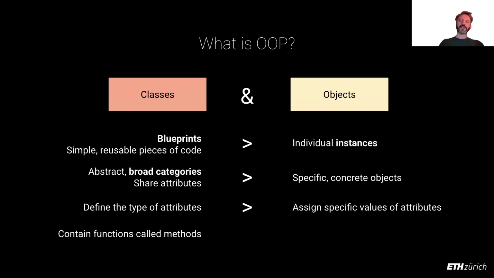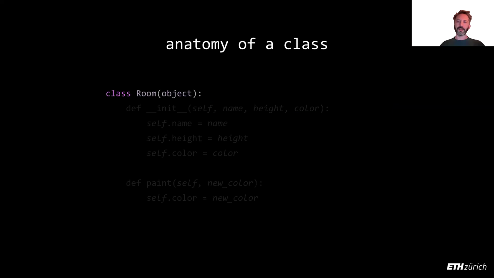So the class defines this blueprint, and every time that we want to create one specific instance of it, we're creating an object. So we say, I will create my room. So my bedroom is an instance of the class Room, and it has specific values. It's white, and it has these dimensions, and it is one specific instance of it.